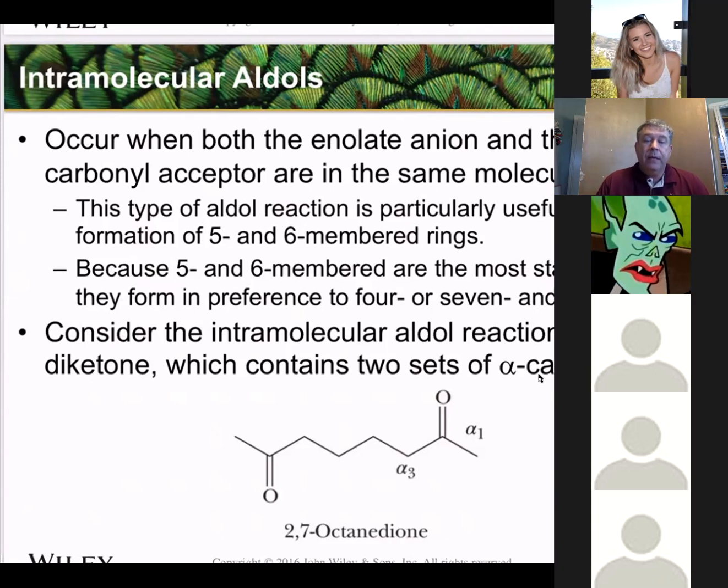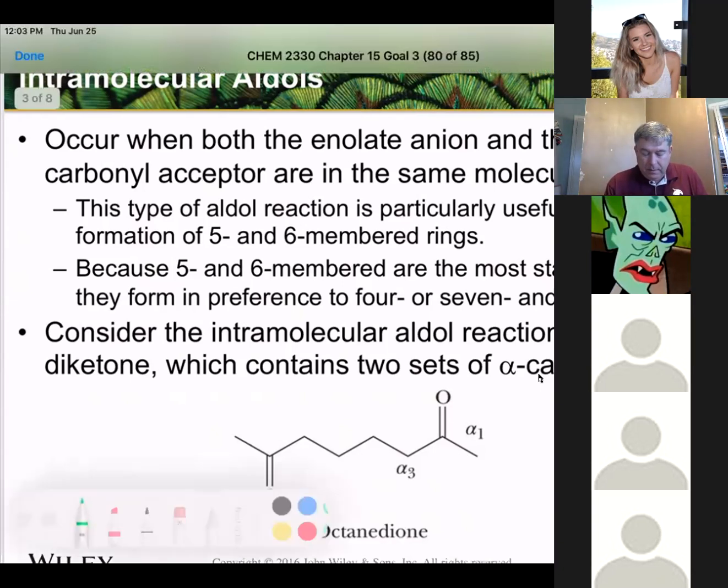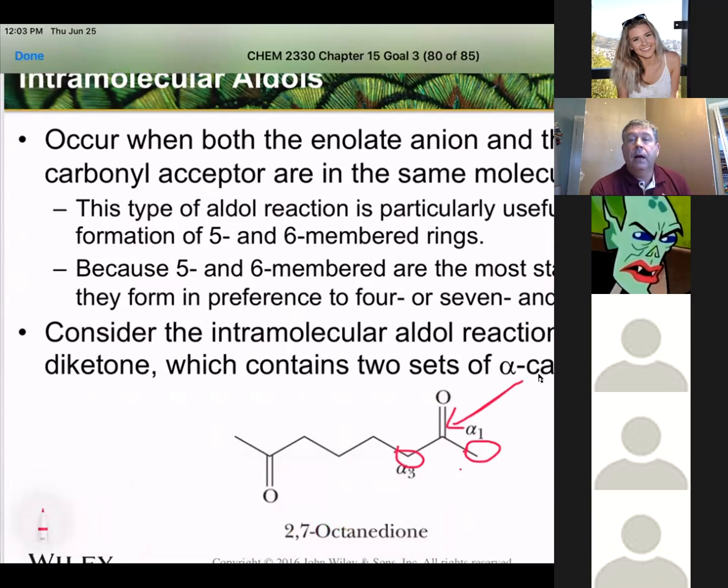Now, if we create, let me get my red pen out here, if we create an anion here or here, that deactivates this carbonyl toward attack, okay?